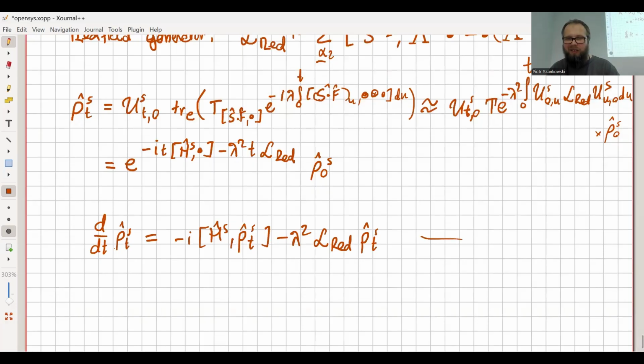And this is what's called the Redfield master equation.